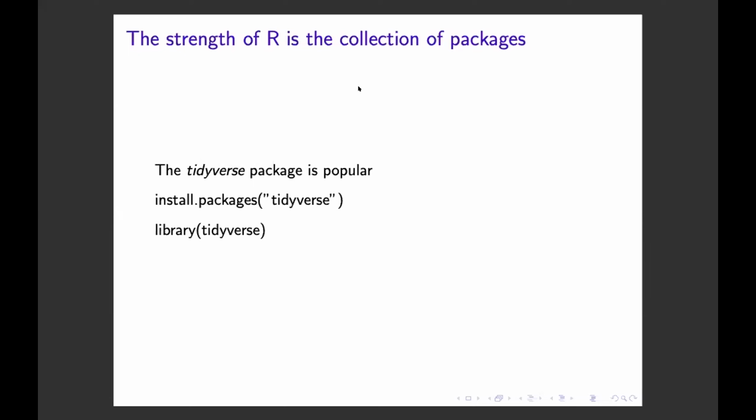And there's a whole ecosystem or collection of packages which you can access. So it's like a global public good. And you have people all over the world who contribute these packages. And now there are thousands of R packages.